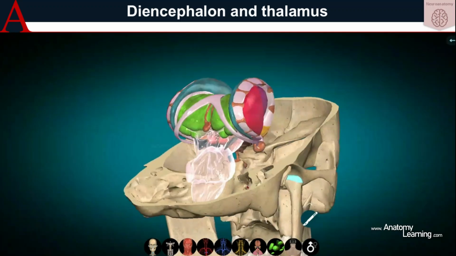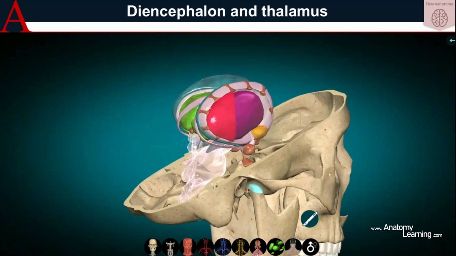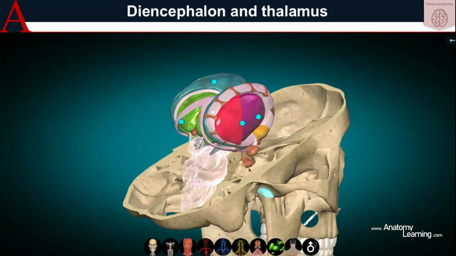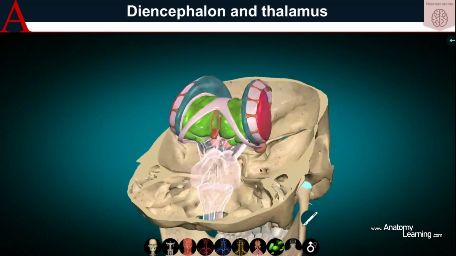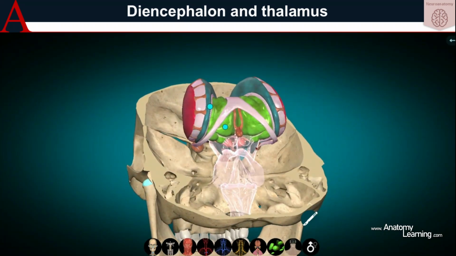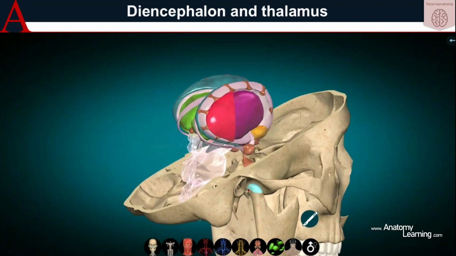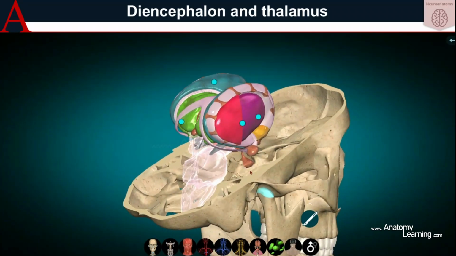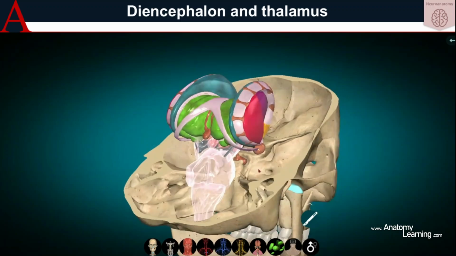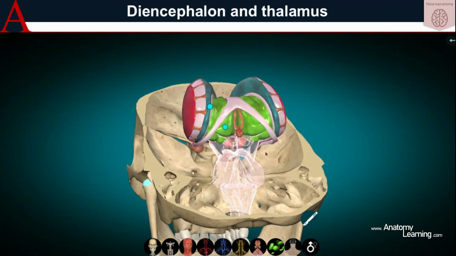Its anteroposterior diameter is significantly larger than its vertical and transverse diameters. As we mentioned before, the diencephalon is located cranially to the brainstem, forming an obtuse angle open forward and downward, due to the forward tilt of the brainstem.